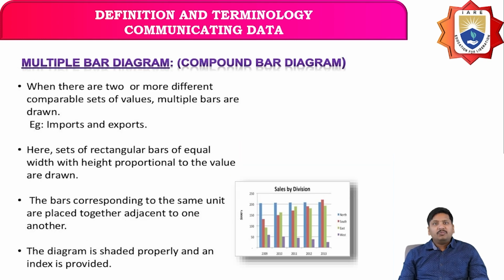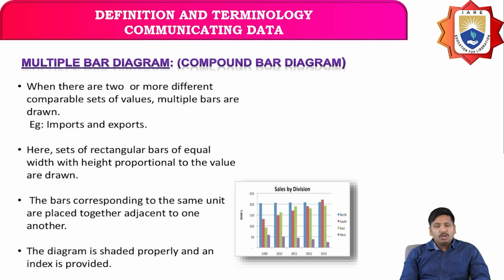And next one is multiple bar diagram. So when I'm going to show the relationship, I'm going to make the comparison, then multiple bar diagram is going to be the suggestible one. So here the rectangular bars of equal width with height proportional to the value are drawn, and the bars corresponding to the same unit are going to be placed together and adjacent to one another.